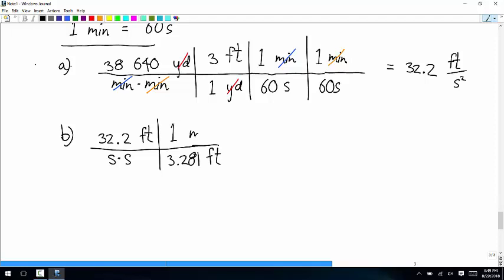And then 1 meter up here. And so now we're in units of meters over seconds squared, and that comes out to 9.81 meters per second squared.